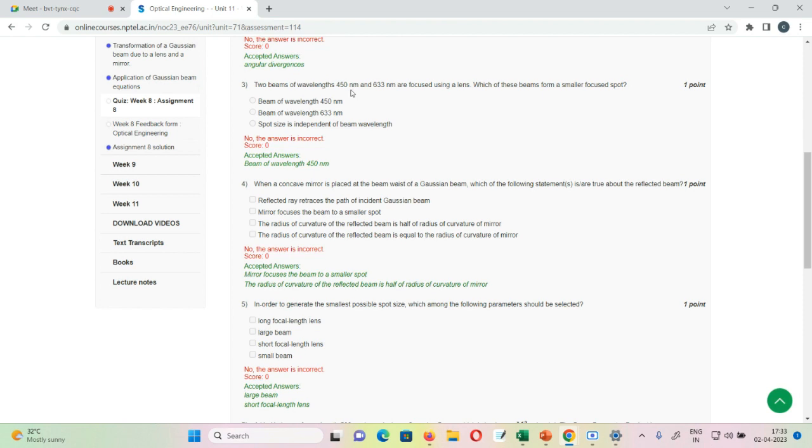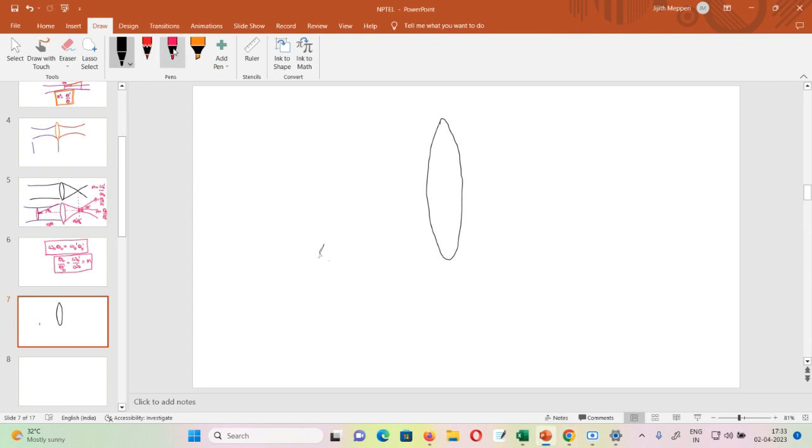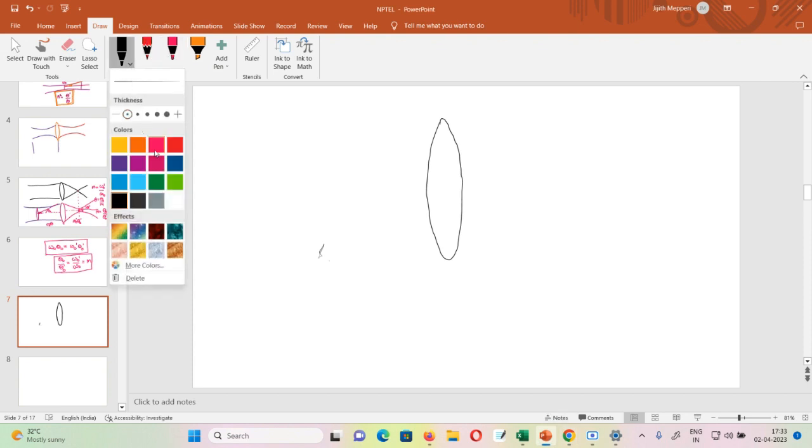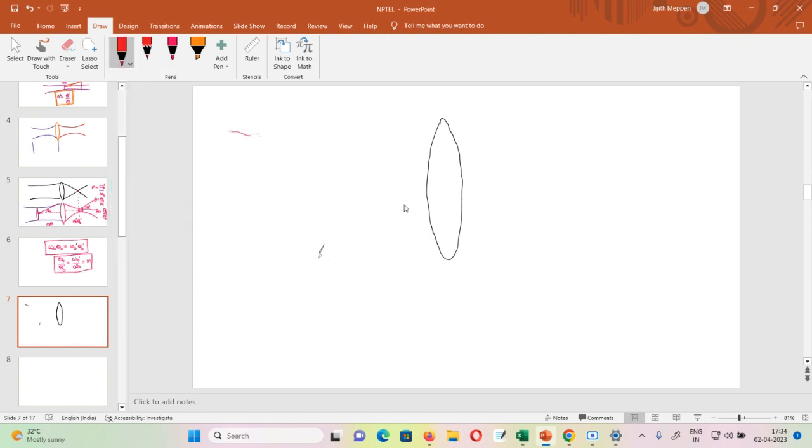So I have two Gaussian beams having similar properties, but the only difference is in the wavelength of the light. So it is like one beam of red and another beam of blue.